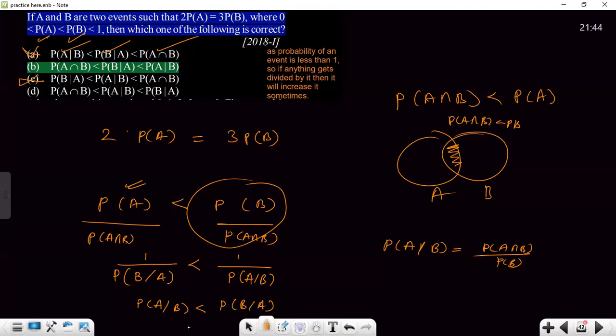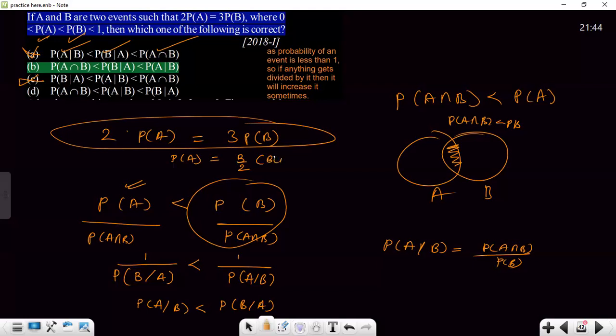If that is the case, we need to understand one more thing here: the given condition. Probability of A is equal to 3 by 2 probability of B. I think there is a misprint in the question for sure.